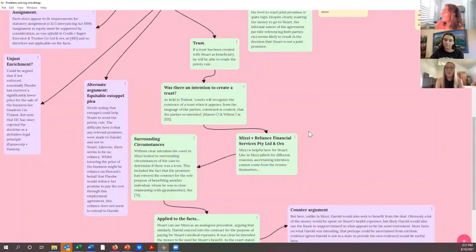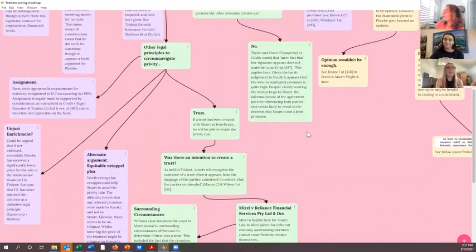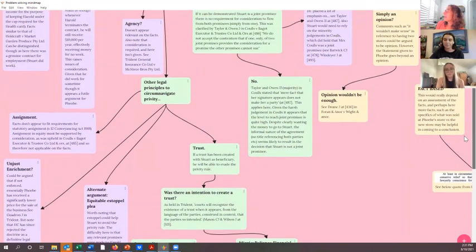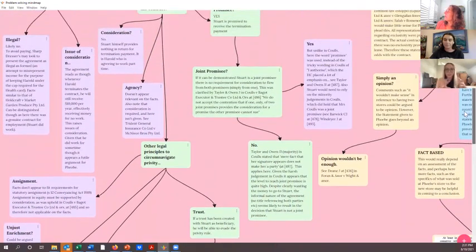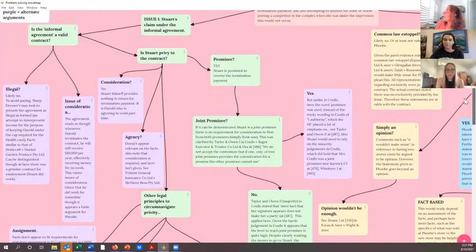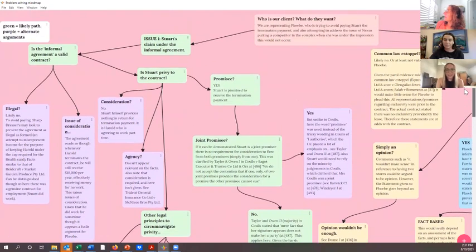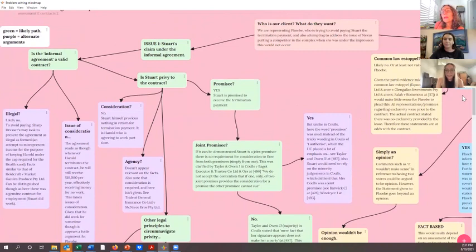The best way is to understand the other side, what they're going to come at you with, and then be able to counteract that. In this one there were lots of different arguments, so I kept it simple, using the headings as questions. I did a lot like that with joint primacy, so that I wasn't wasting words explaining what I was arguing in that box, just getting straight to the point.